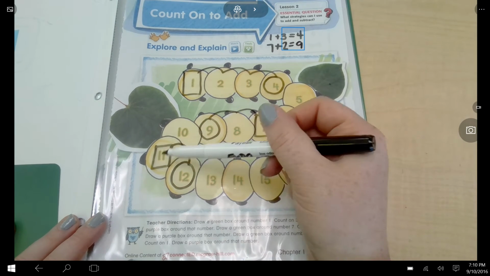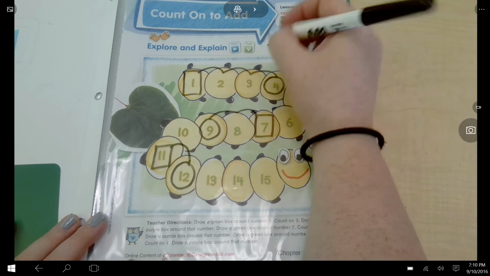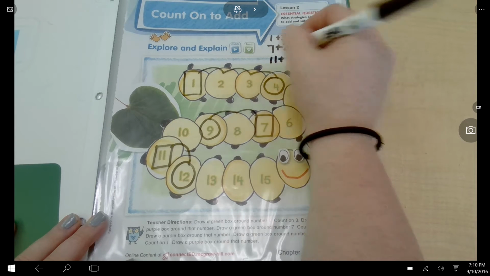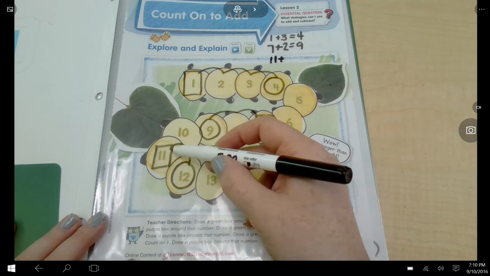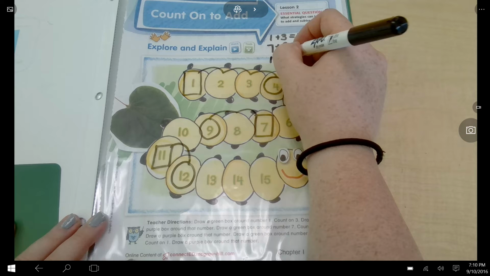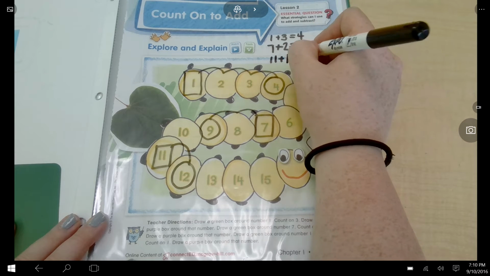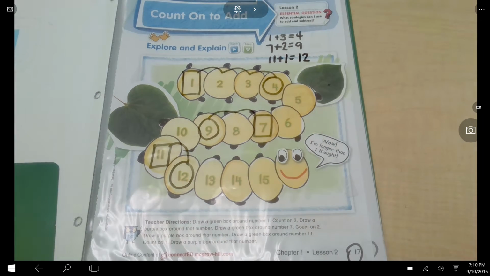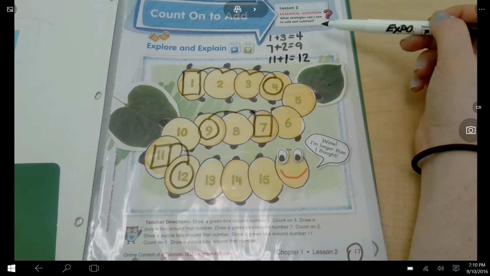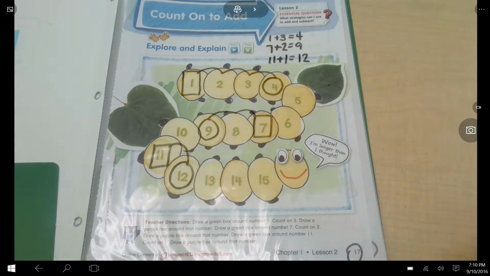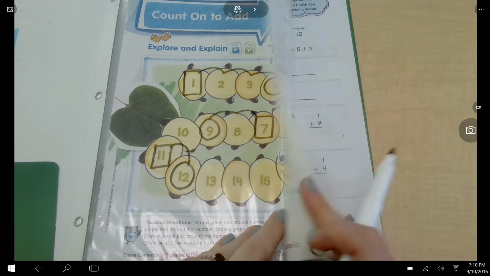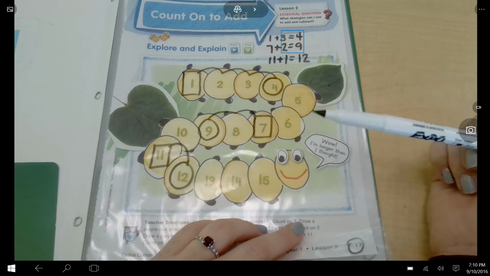And then we did 11 plus, we drew 1 hump. 1 equals 12, the number we circled. Write these number sentences on the corner of your paper just like I did. If you need more time, push pause now.